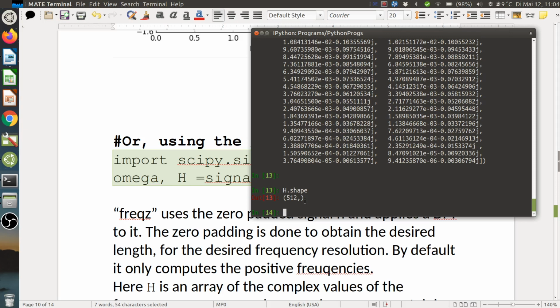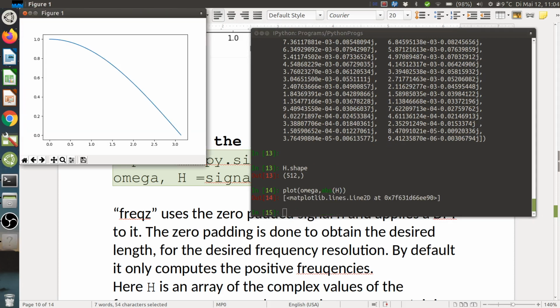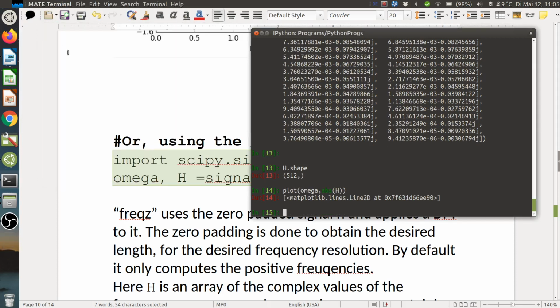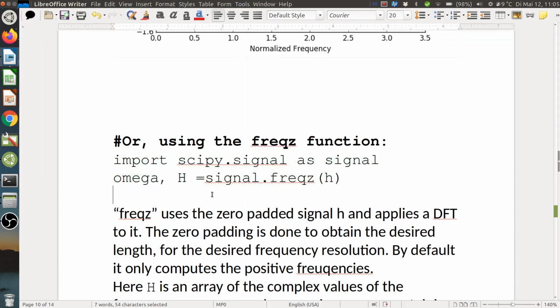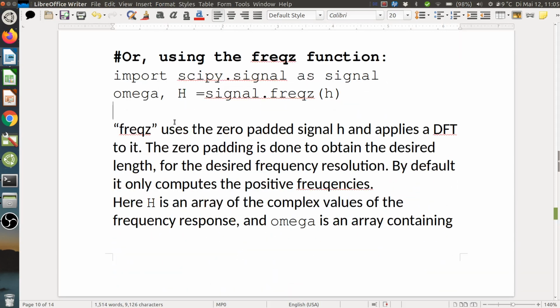And we can also then plot it again. Plot of omega, comma, abs of H. Yeah, so you get pretty much the same plot here. We don't even see that we have 512 instead of 100 samples. Yeah, so freqz uses actually a zero-padded signal h. So it takes h, or the coefficients, and then adds zeros such that it can apply a longer DFT to it.